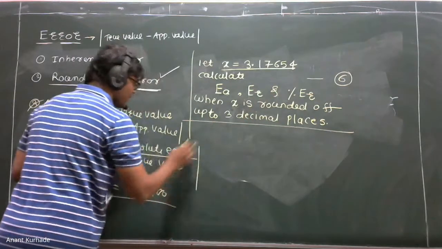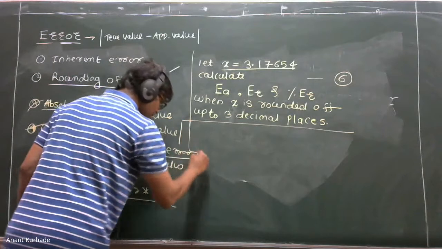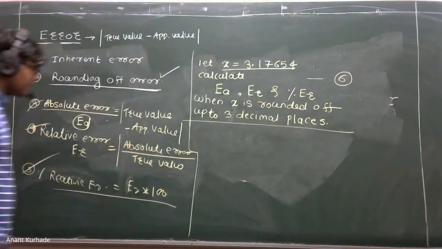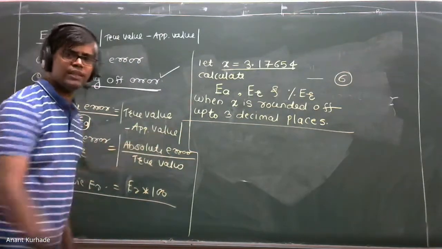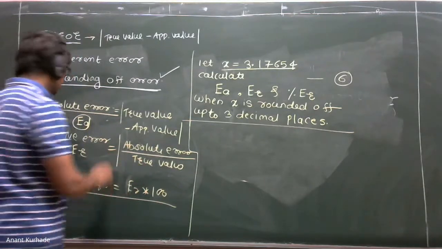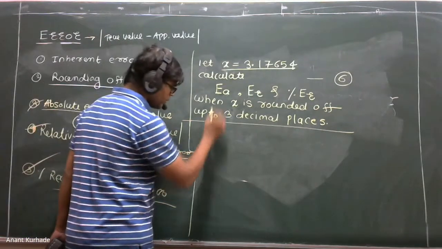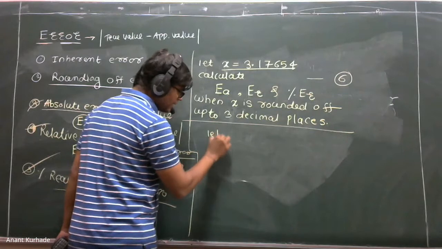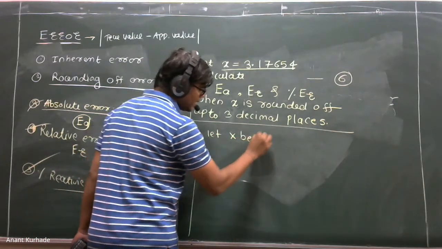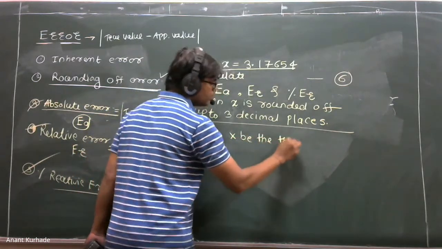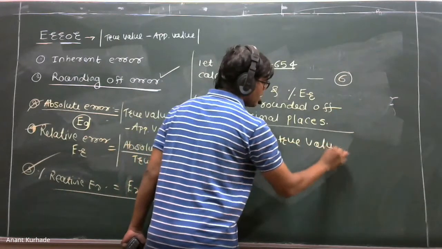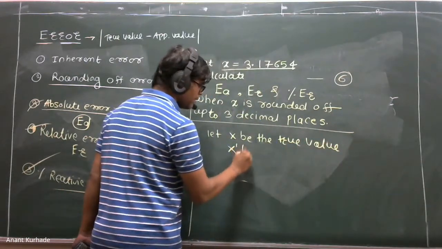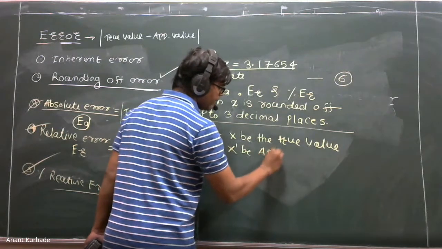Now see, forget this problem statement. Let me tell you differently. Don't memorize the formula; we can remember it like this. Let x be the true value and x dash be the approximate value.